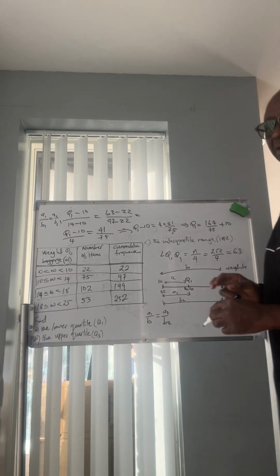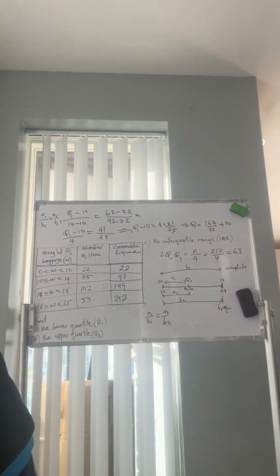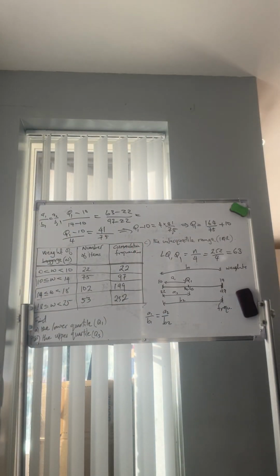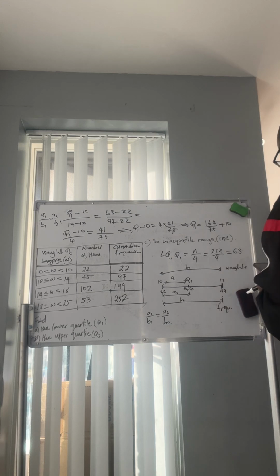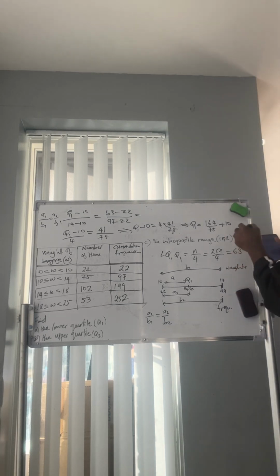So let's simplify. Let's use the calculator there. 164 divided by 75 gives you 2.18666, plus 10, you get 12.18666.